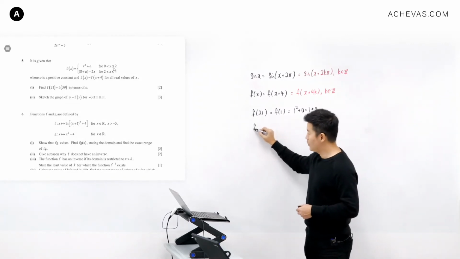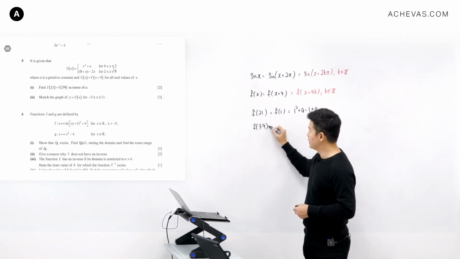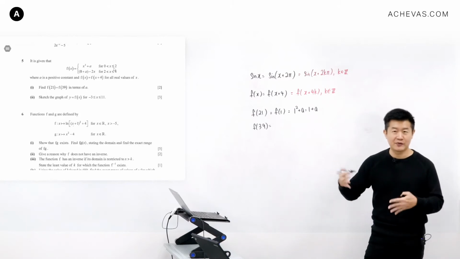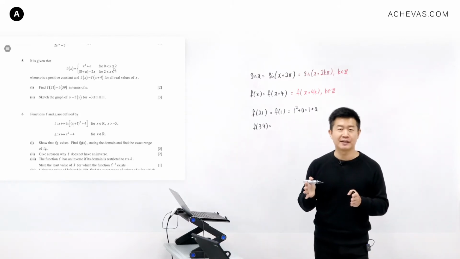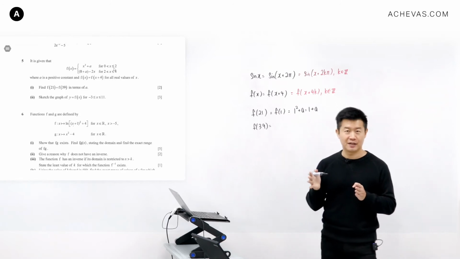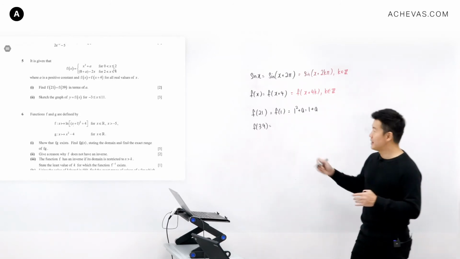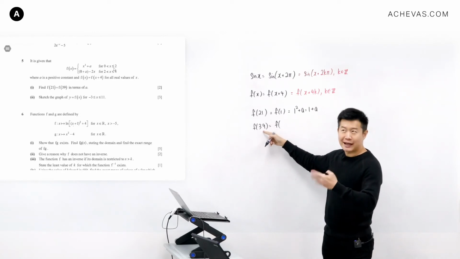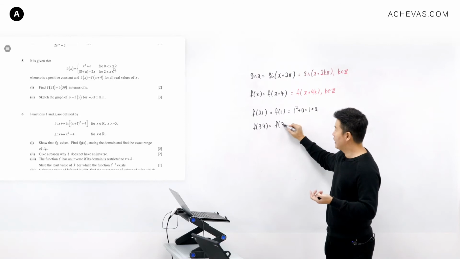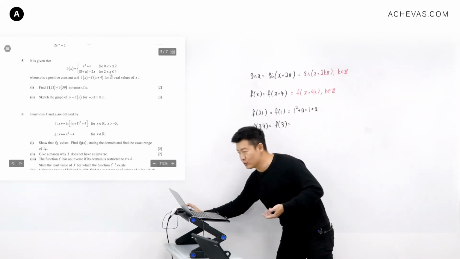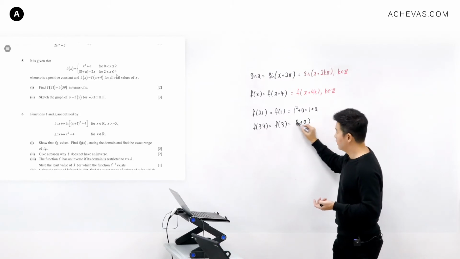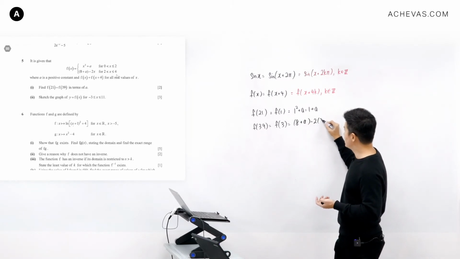And we have another one which is f of 39. Again I cannot substitute, I need something that is between 0 to 4. So for 39, I'll minus 4, minus 4, minus 4, I'll minus 36 of them. 36 is 4 times 9. So I'll minus 9 times 4 from this, and I'll get f of 3. 3 is between 0 to 4, so f of 3 is 8 plus a, then minus away 2 times 3.